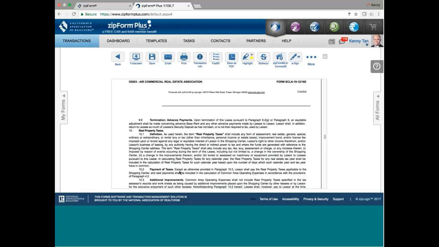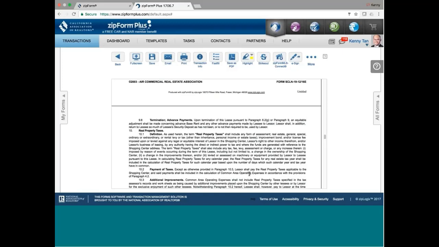It says here, except as otherwise provided in paragraph 10.3, lessor shall pay the real property taxes applicable to the shopping center, and said payment shall be included in the calculation of common area or operating expense. And again, because this is a net lease, all real property taxes are ultimately paid by the tenants.